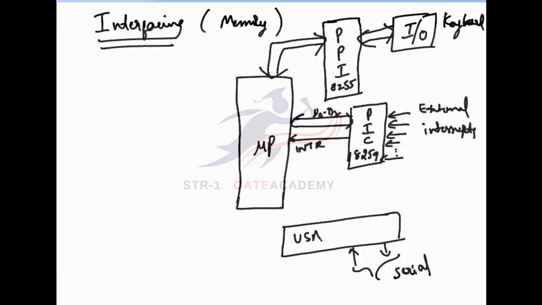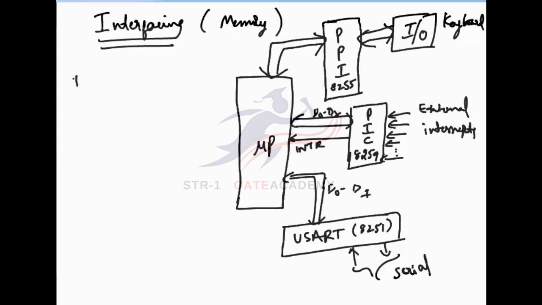That interfacing device is the 8251. This is also connected with data lines. All the interfacing devices are connected with data lines only.